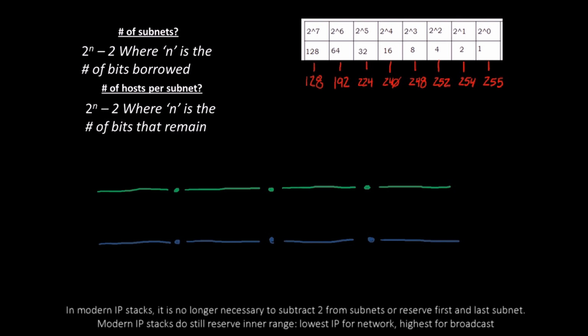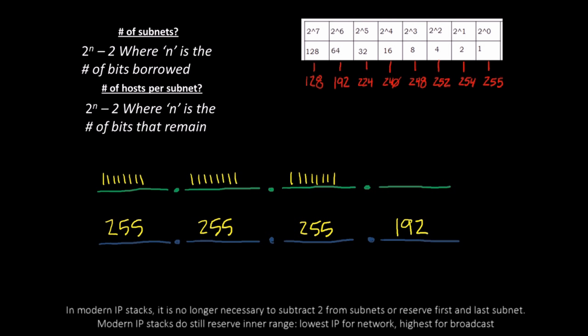One of our last examples before we start doing actual problems, we'll do 255.255.255, and this time we'll do 192. Okay, so again, we're going to do binary conversion. Now we're going to figure out what 192 is.